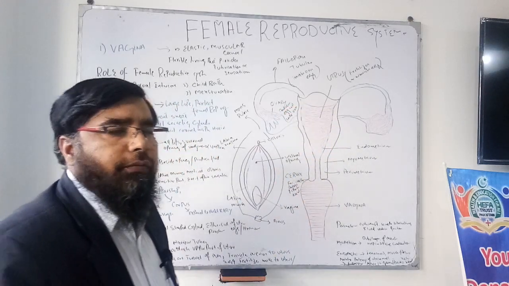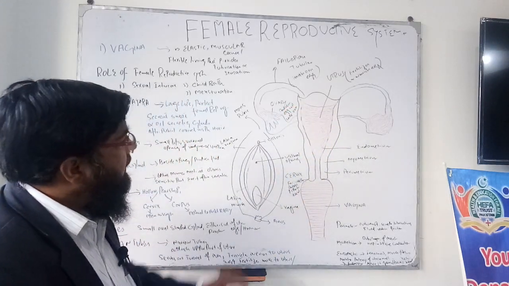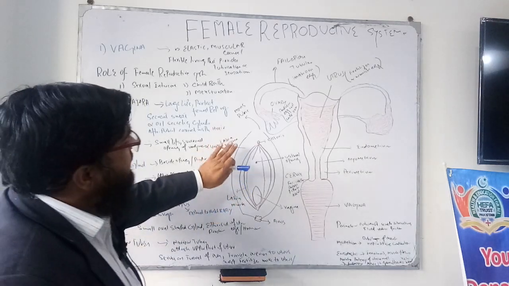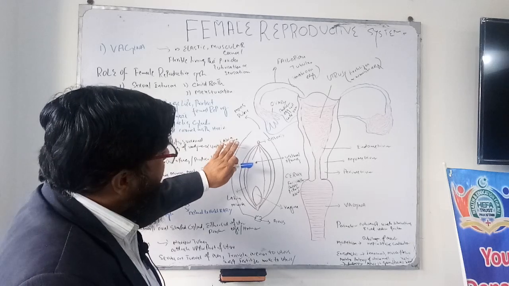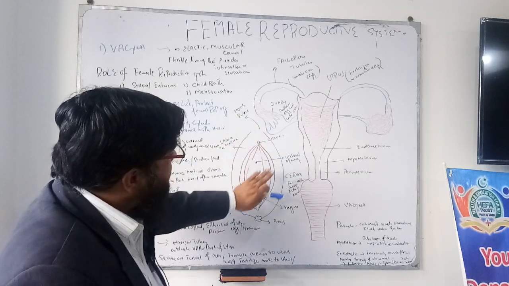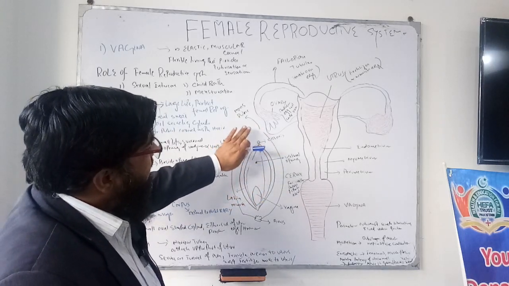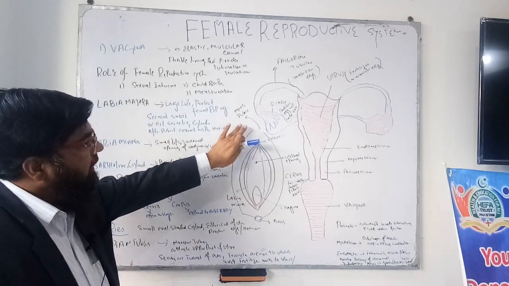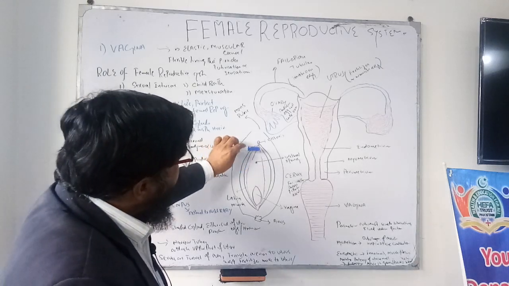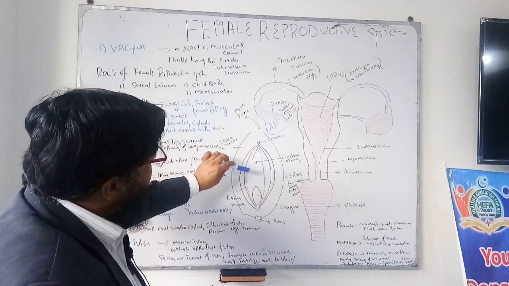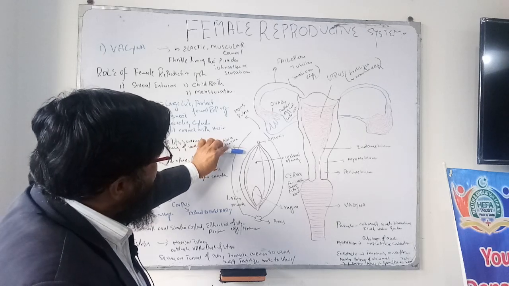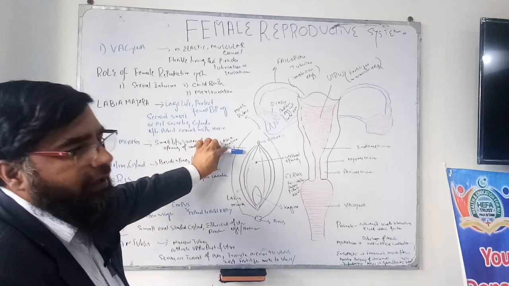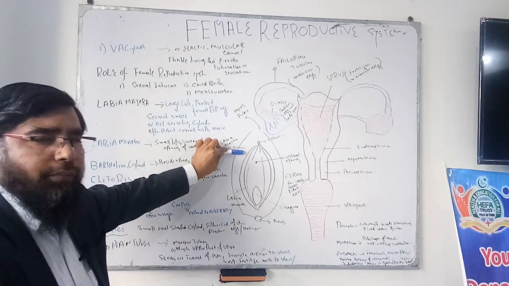So first of all, we will discuss the external view. If you look at the female reproductive system, we will discuss these parts and the function of these parts. If you look at this diagram, this portion is called labia majora. Majora means major part, the big part.